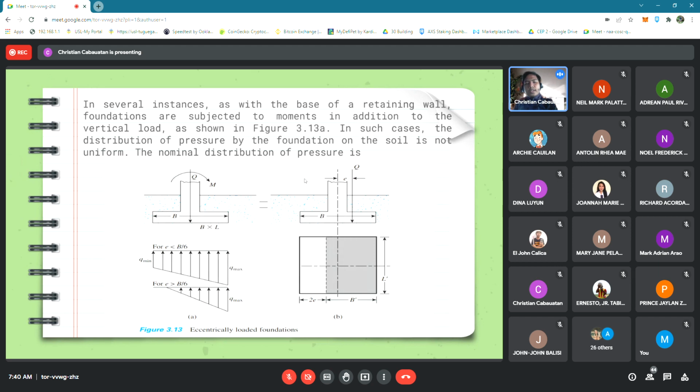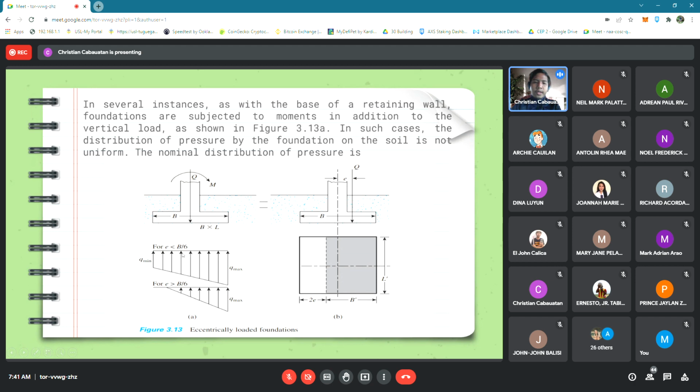This would be the figure for the eccentrically loaded foundations. As I said before, there is an applied moment in letter A, and also the vertical load, on a foundation of width times length at a given depth.